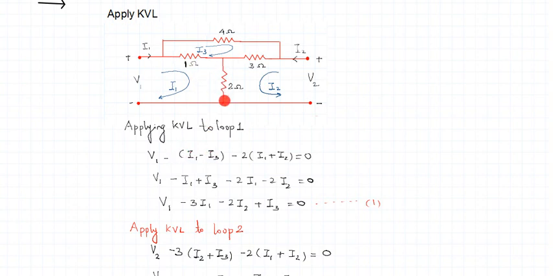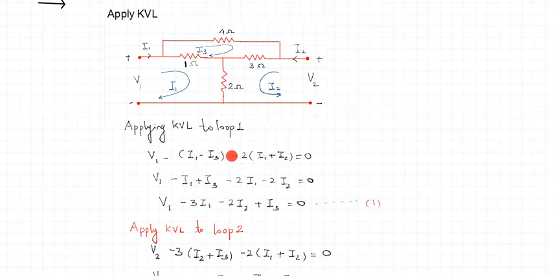Now we come to the next element of the loop, which is the 2 ohm resistor, right? The current through the 2 ohm resistor is again two currents, I1 and I2. As we are in loop 1, I1 is the primary current and we observe that both these currents are in the same direction. That's why you need to add the currents. So the total current through the 2 ohm resistor is I1 plus I2.